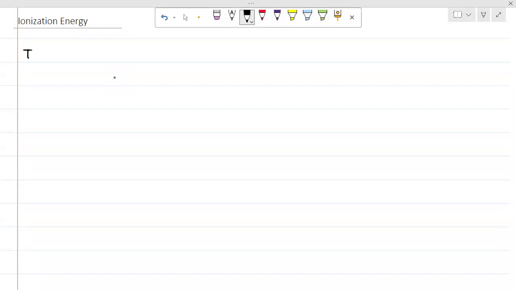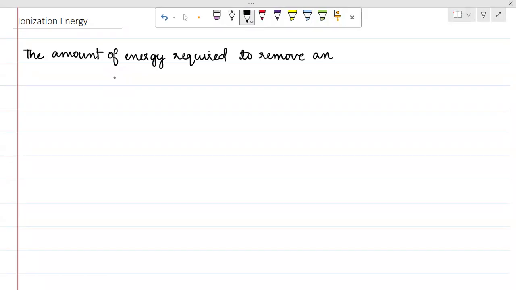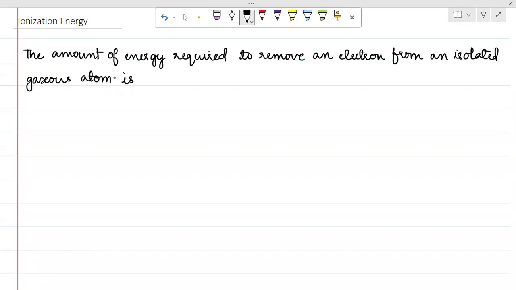That's the amount of energy required to remove an electron from an isolated gaseous atom, which is ionization enthalpy or energy. I'm going to represent it as IE throughout the session.